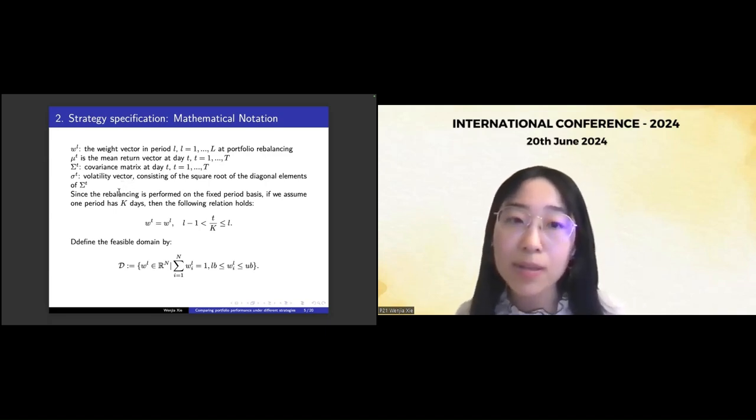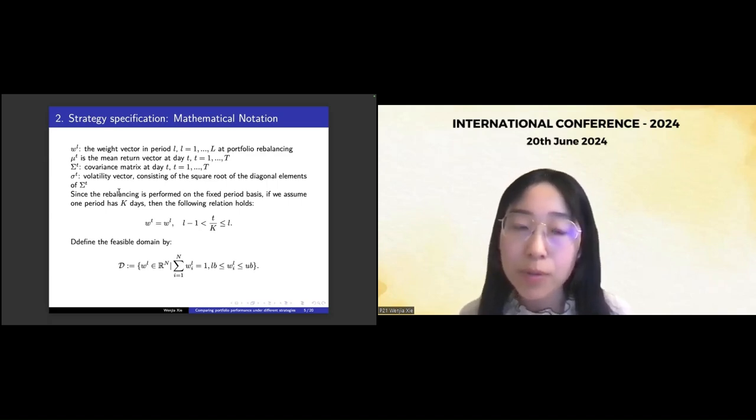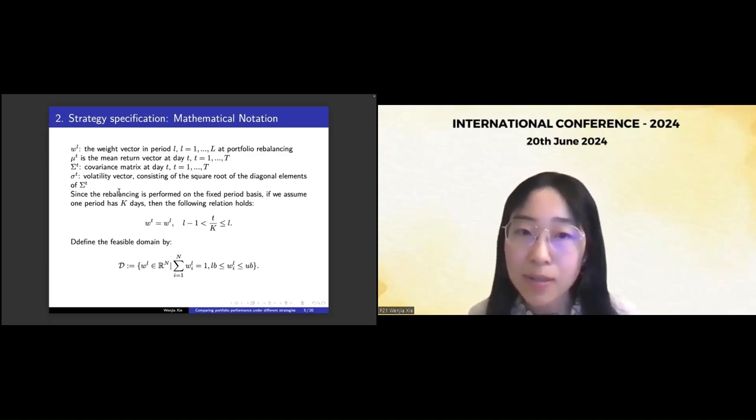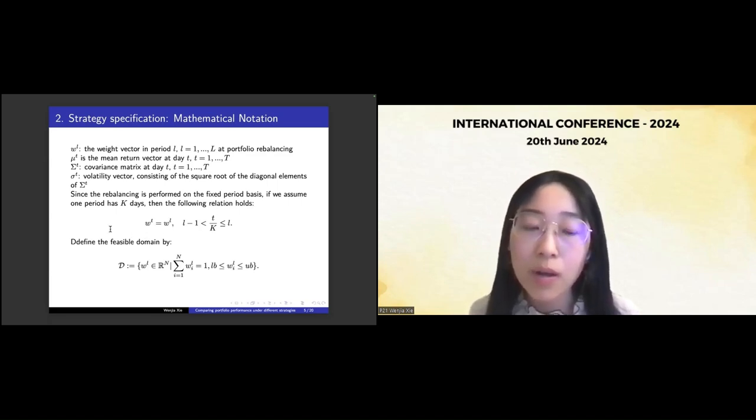Since the rebalancing is performed on a fixed period basis, if we assume one period has k days, then the following relation holds. We define the feasible domain by D, and the inequality means the boundary.